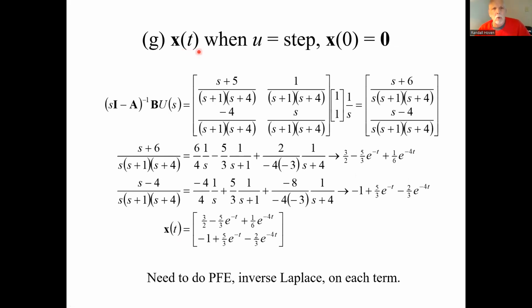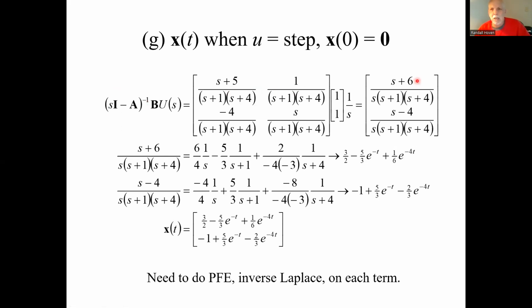Okay, what about finding the state when the initial state is 0, but the input is a unit step? We would get this from the formula sheet. We had our sI minus A inverse already in part B. U is a unit step, that's 1 over s. So I need to do this matrix multiply and take the inverse Laplace transform. This 1, 1 just means I add the elements in the rows.